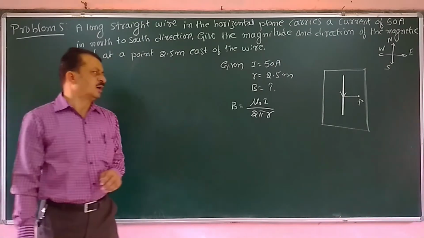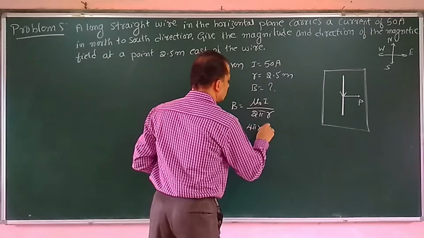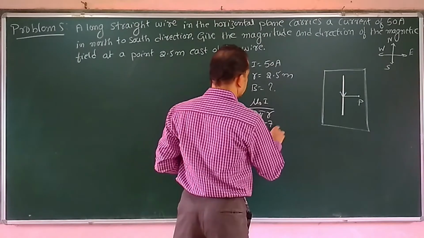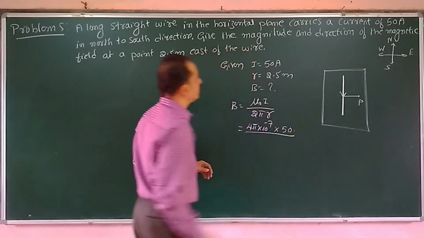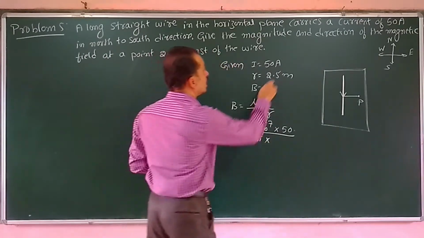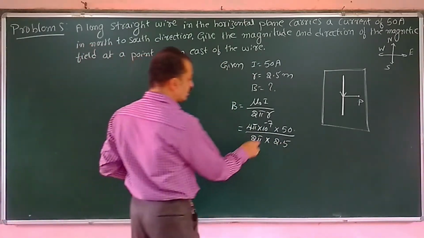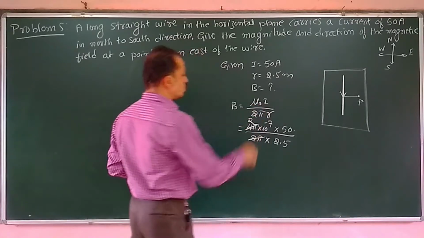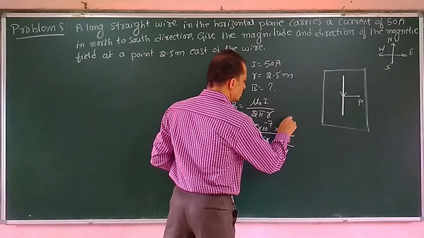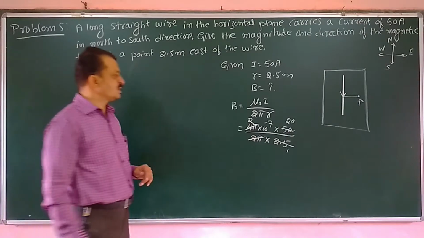That is the simple formula. Substituting and simplifying, mu naught is 4 pi into 10 raised to minus 7. Current I is 50, divided by 2 pi into r, which is 2.5. Now here 2.5 ones are, 20s are, 2.5 ones are, 2.5 20s are, easily cancel.